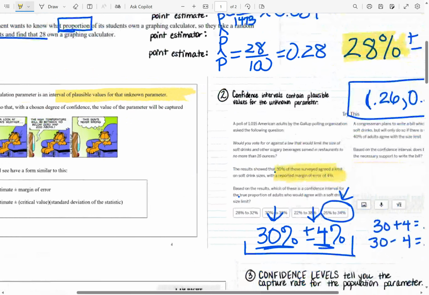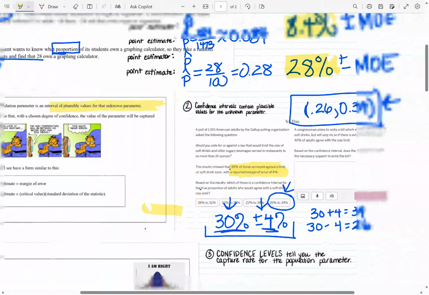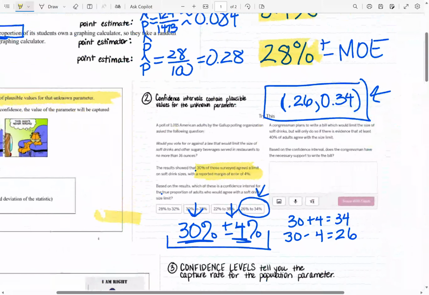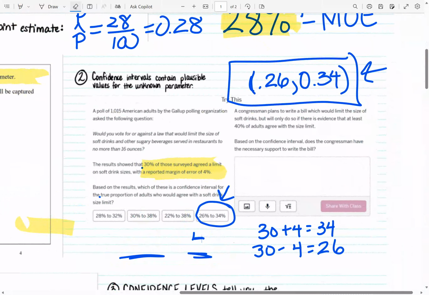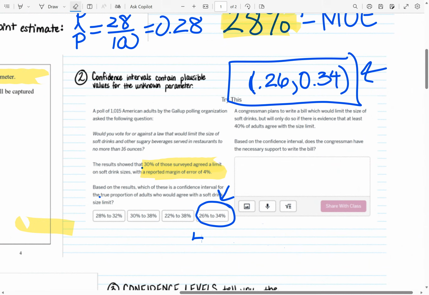So for example, back over here where we were talking about the sugary drinks, we came up with a confidence interval to estimate the percent of the population who agreed that a law should limit the size.